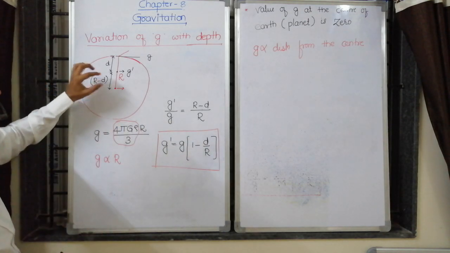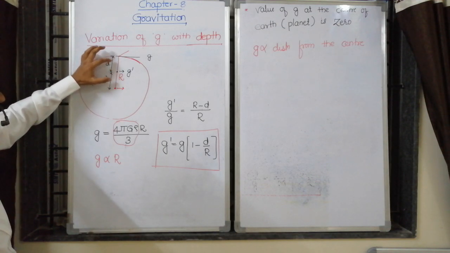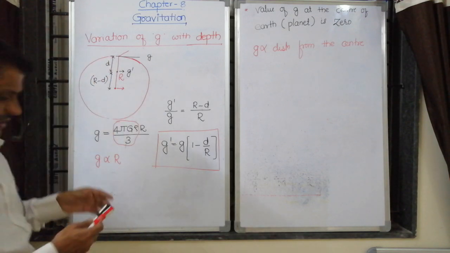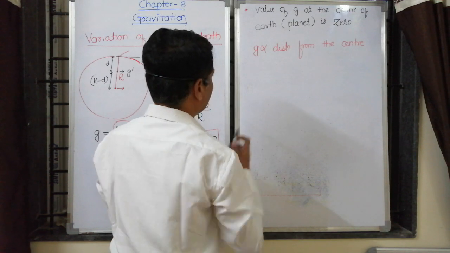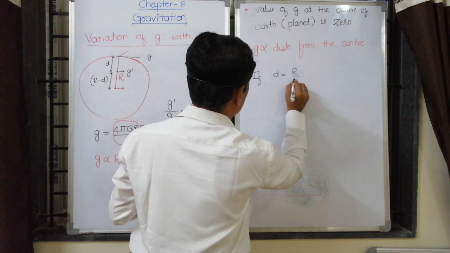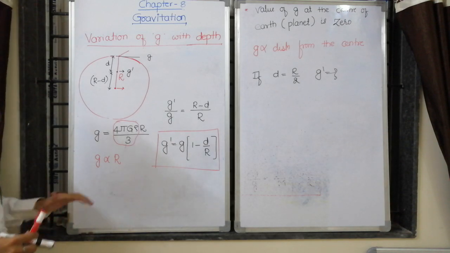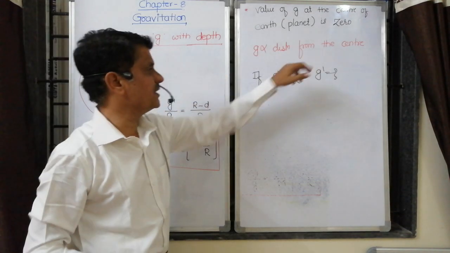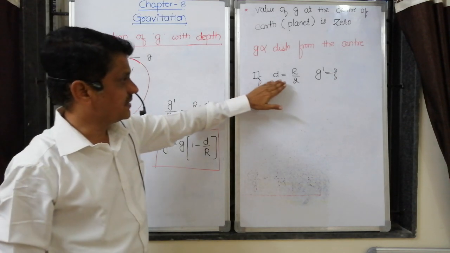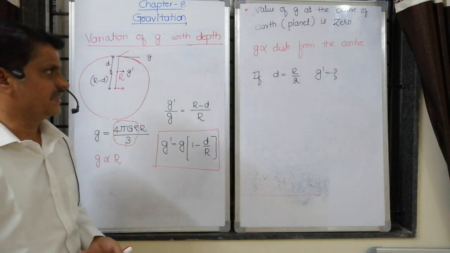So here if I ask what is the value of g at a depth d equal to R by 2, then what is g dash? As I told, it is directly proportional to distance from the center. If distance is half, g also becomes half. Okay, we'll take next questions in the next hour.